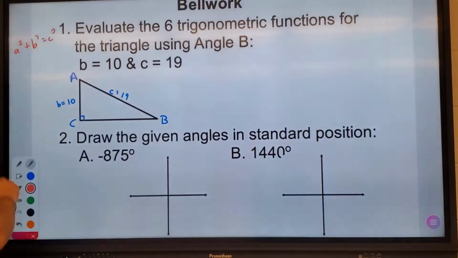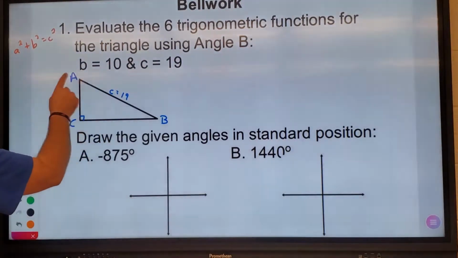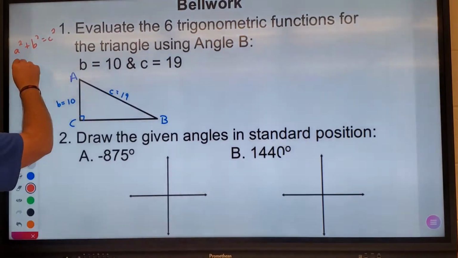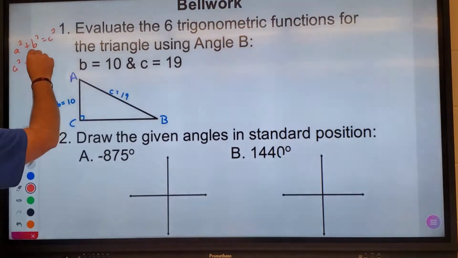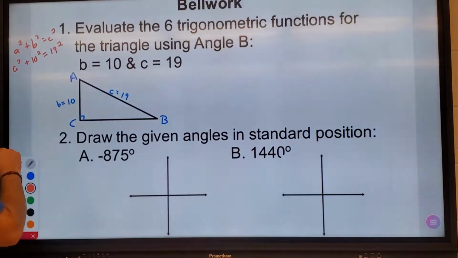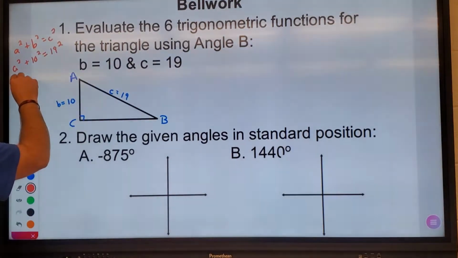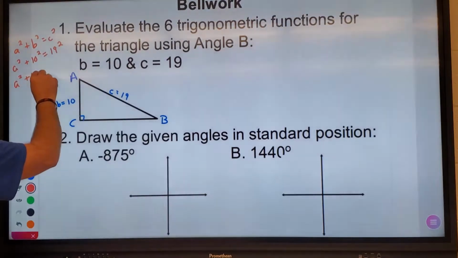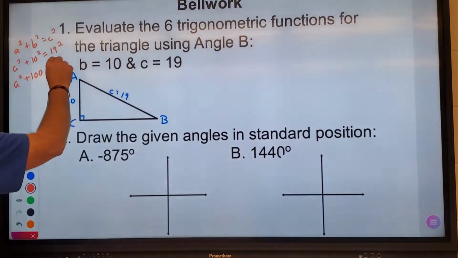I use the Pythagorean theorem because I have a right triangle. I plug in A squared because I don't know that one. But I have 10 squared equals 19 squared, which gives me A squared plus 100 equals 361.